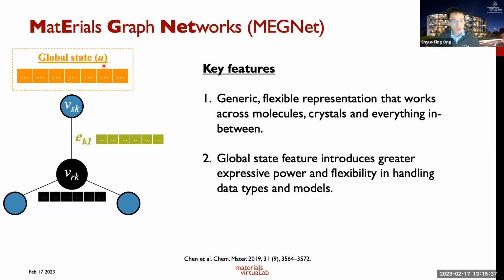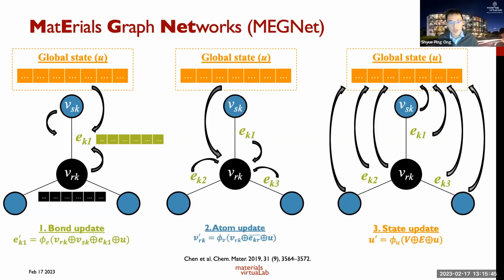Now, all graph neural network models work roughly the same way, and MAGNET is the same. You have information flow, or message passing, between the components of the graph. In our MAGNET models, there's a three-step process.